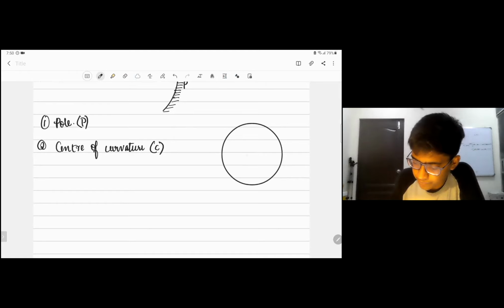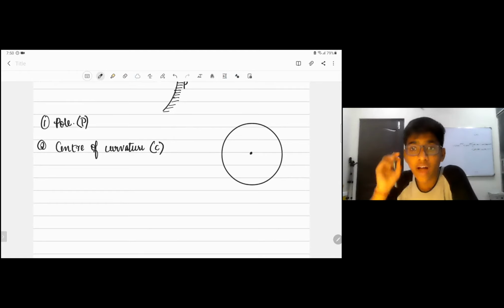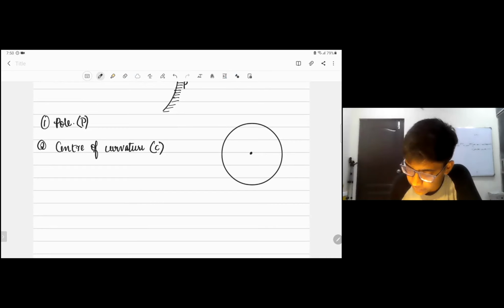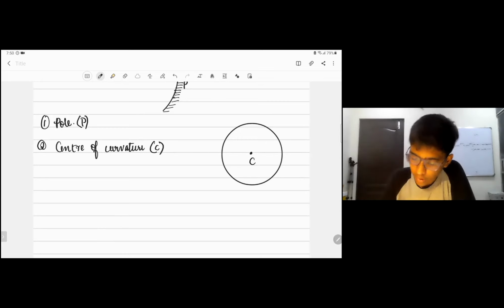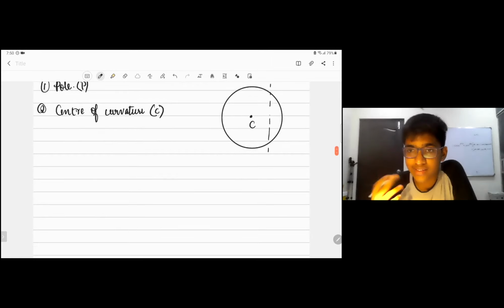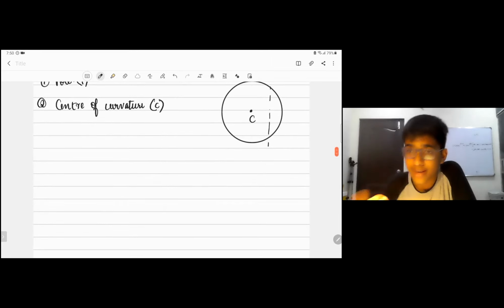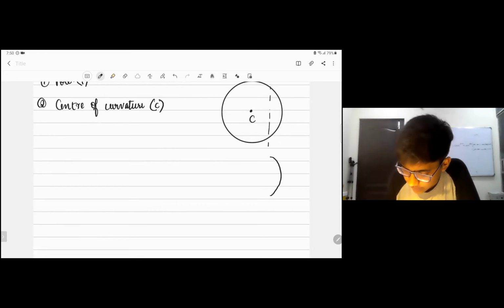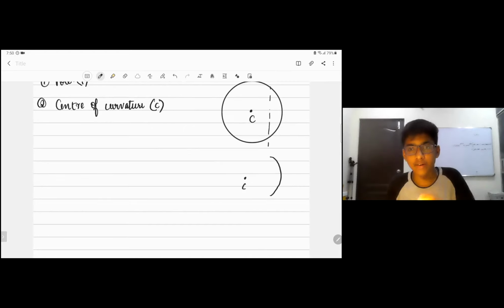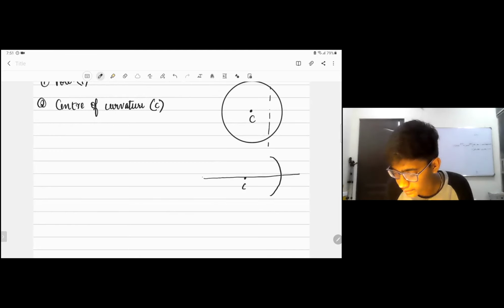Whenever you draw a sphere, it has a geometric center, and I'm representing this with C. Now when we cut a part of the sphere out as the spherical mirror, the center of curvature remains here, and from the center of curvature you draw a line passing through the center of the mirror.